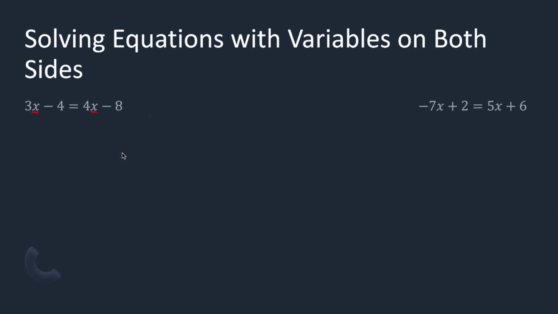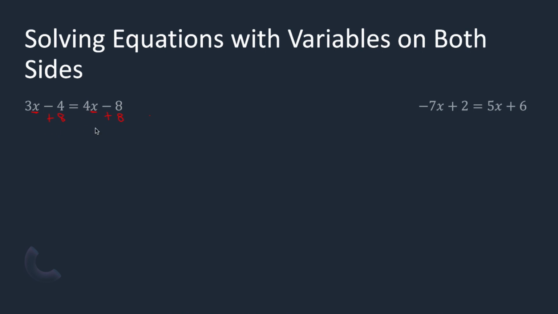What we want to do is bring the constants on one side and bring the variables on one side. So we could add this 8 to both sides to get rid of it. And again, since this is a multi-step equation, we need to follow the reverse order of operations and do the inverse operations in that order.